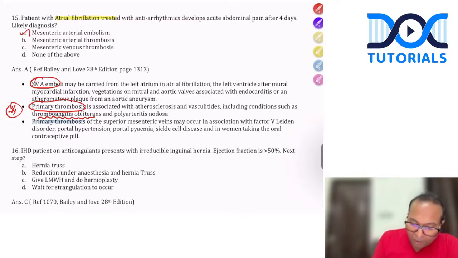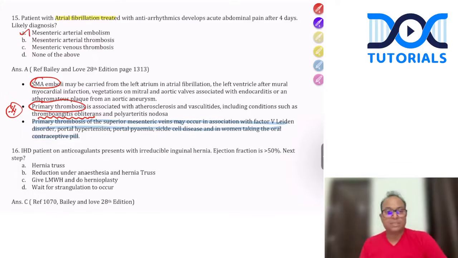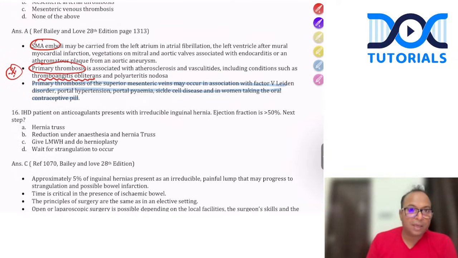Primary thrombosis of the superior mesenteric veins may occur in association with portal hypertension, portal pyaemia, sickle cell anemia, and in women taking oral contraceptive pills. So there are three different etiologies: embolus of the superior mesenteric artery, thrombosis of the superior mesenteric artery, and superior mesenteric vein thrombus. But atrial fibrillation is associated with mesenteric arterial embolism. It is a direct line from Bailey and Love from the vascular surgery concept.